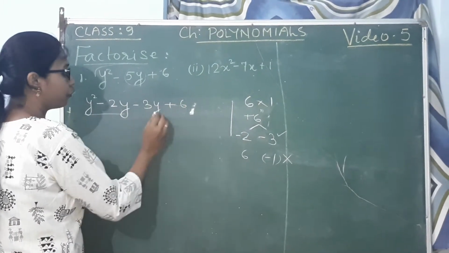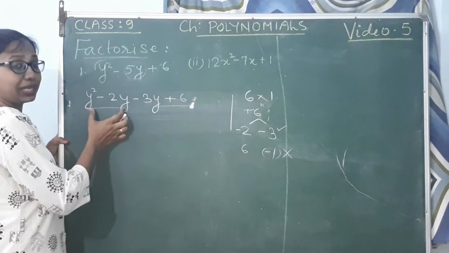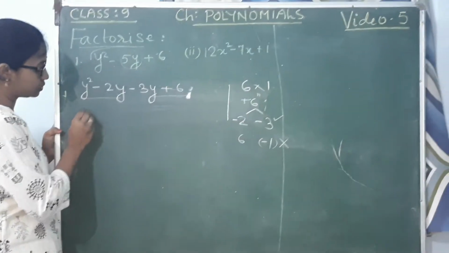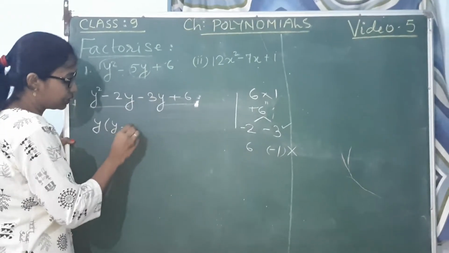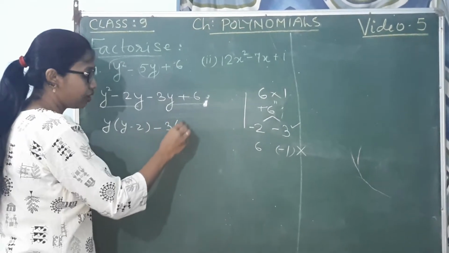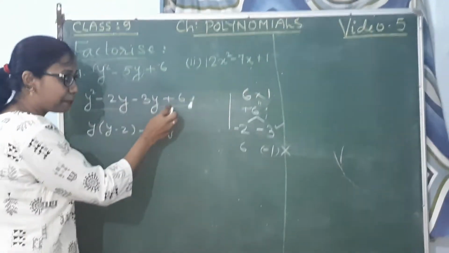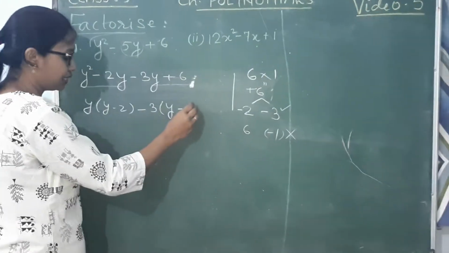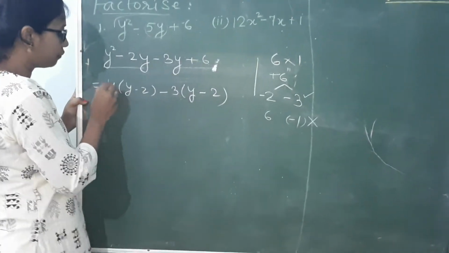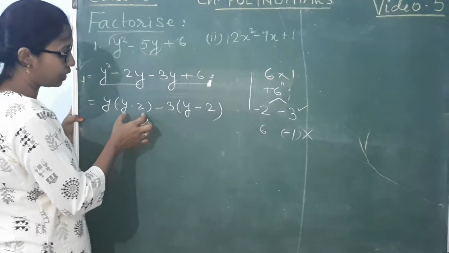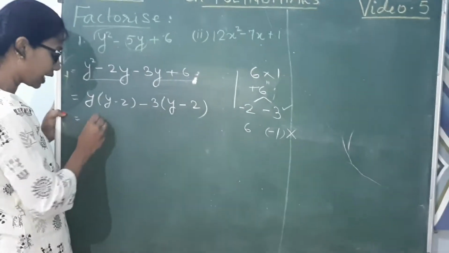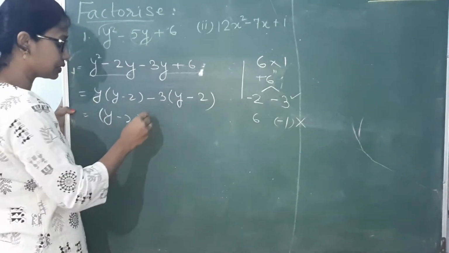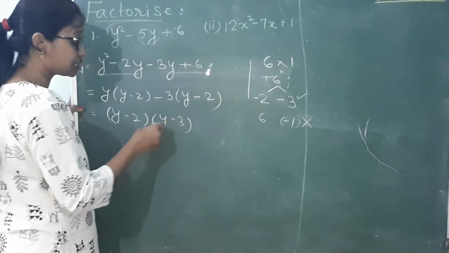Now make a group of the first two and last two. What is common: y minus 2 from the first group, minus 3 from the second, because minus and minus gives plus. Now if you carefully observe, y minus 2 is again common: y minus 2 is common, times y minus 3. So these are the factors.